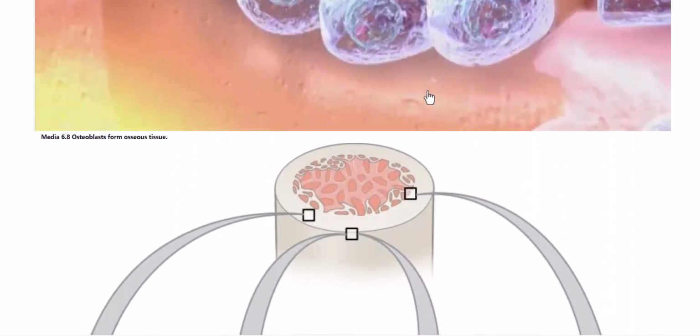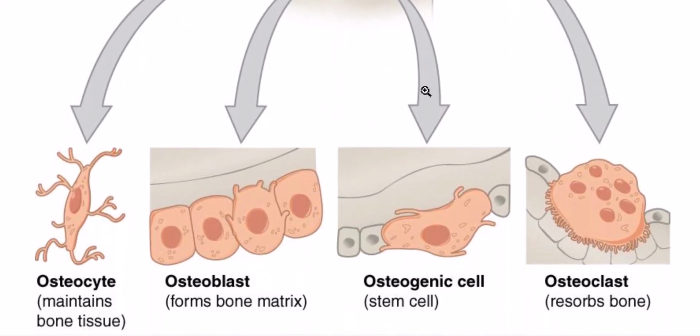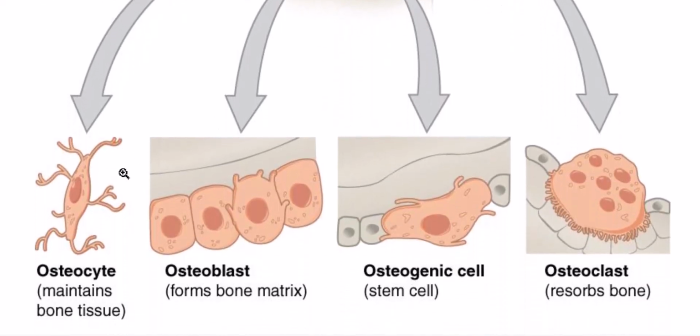Here is a great video to help you understand this. So first of all, we have osteocytes. You've learned about osteocytes, you've seen them. They are relatively inactive cells. You've seen them living in the lacunae, those narrow spaces within the lamella of the osteon.